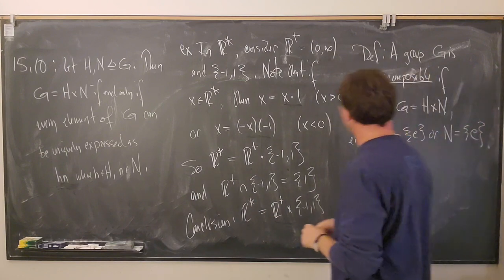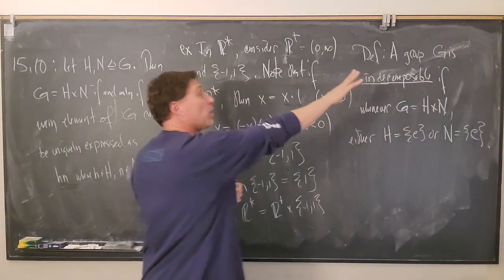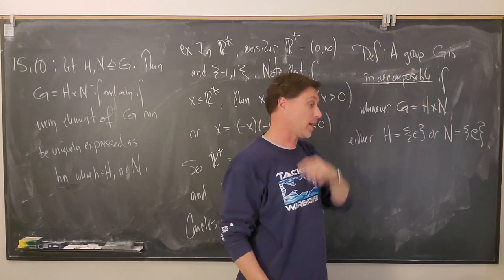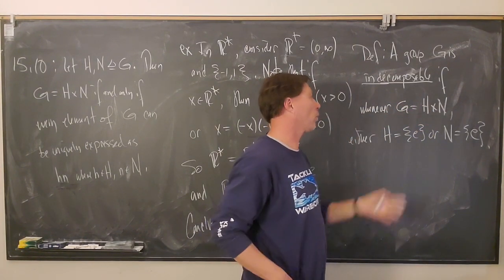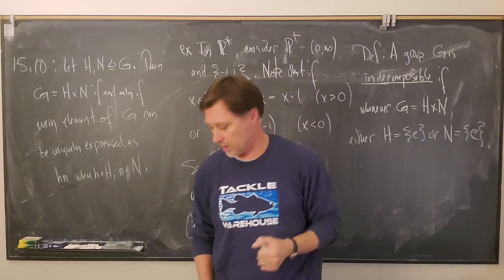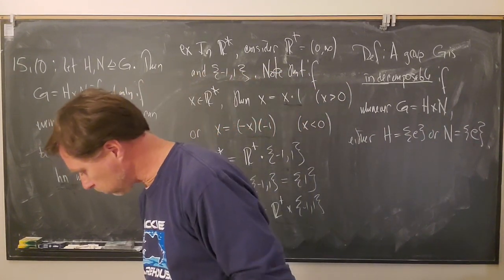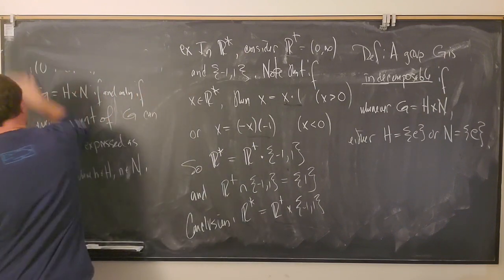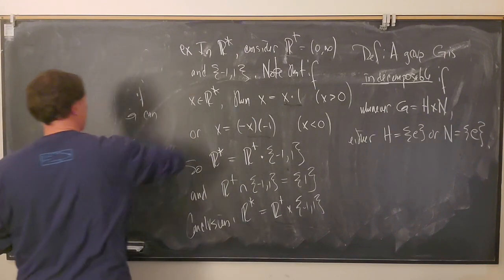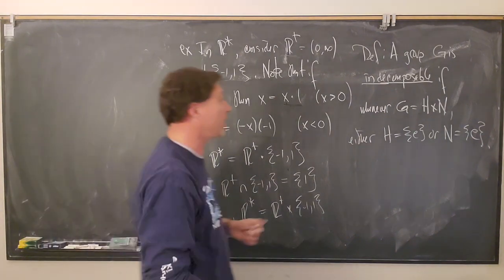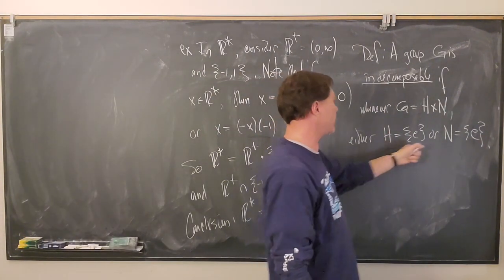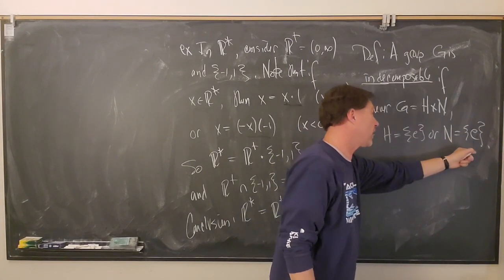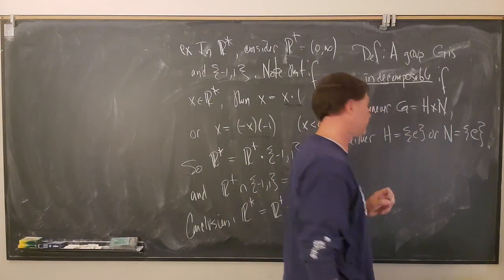What that means is that an indecomposable group is one for which you can't write it as an interesting internal direct product. One or the other of the groups is the identity. And notice, if one of them is the identity, then the other one is all of G. So if H equals E, that means N equals G. And if N equals the identity, then H has to equal all of G.